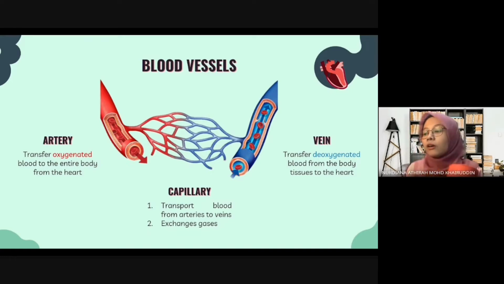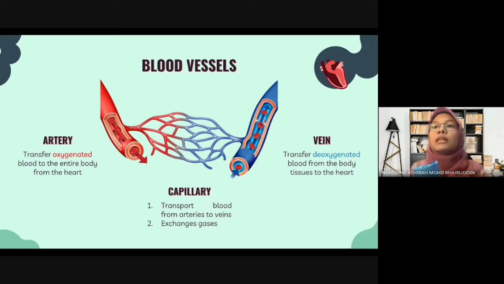Now, we take a look at the vein. Unlike the artery, the color of vein is blue. Blue indicates that vein carries deoxygenated blood. So basically, vein is opposite to the artery.